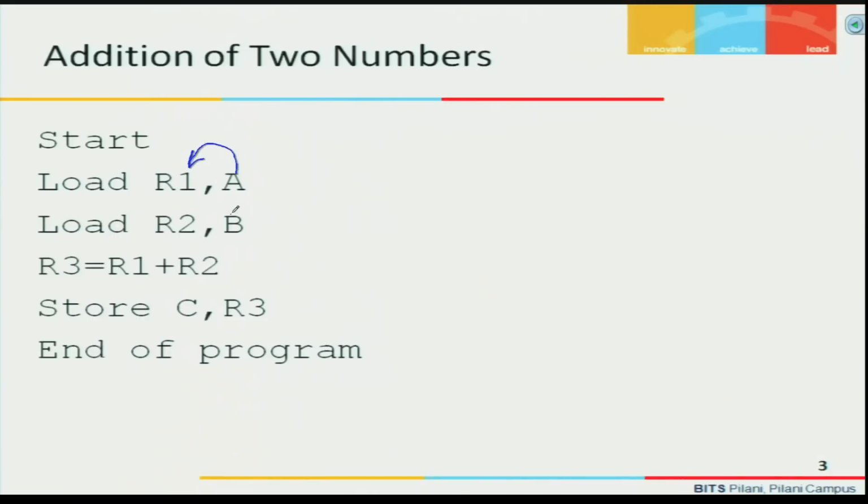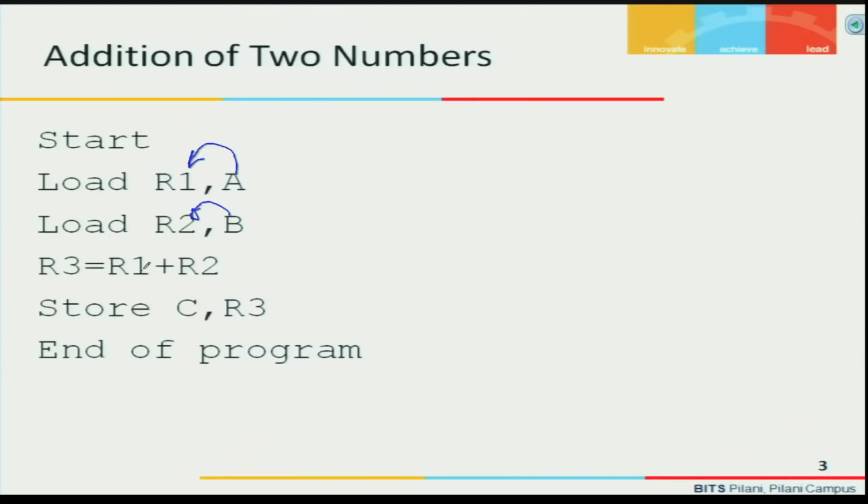Then again the second load instruction: the contents of memory location B are loaded into the register R2. Now, these two values or numbers are readily available in the processor registers R1 and R2.